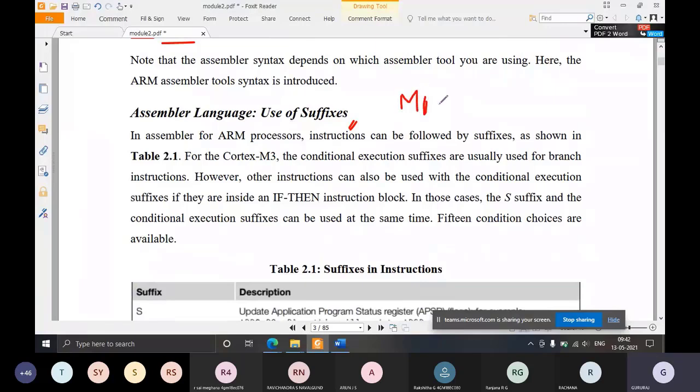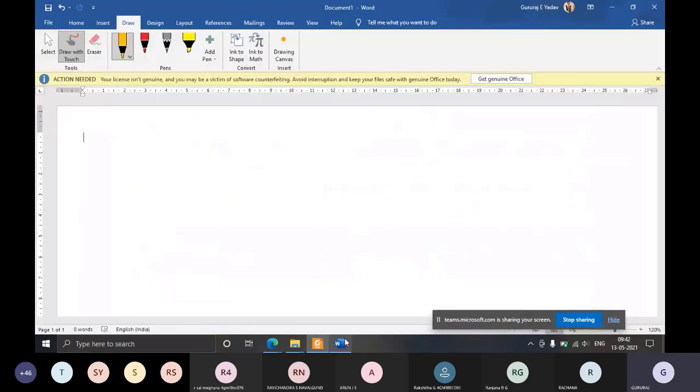Let's say the instruction is ADD R0, R1. This is an instruction supported by Cortex M3. Add R0 comma R1, very simple. You're trying to add R0 and R1, and the result will be stored in R0.